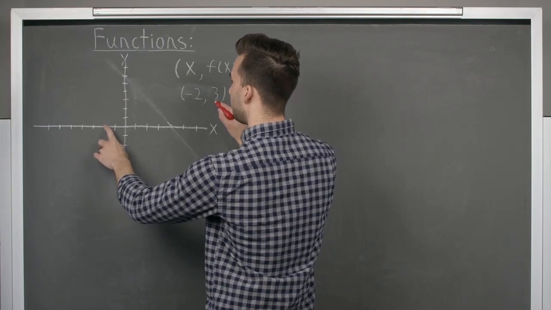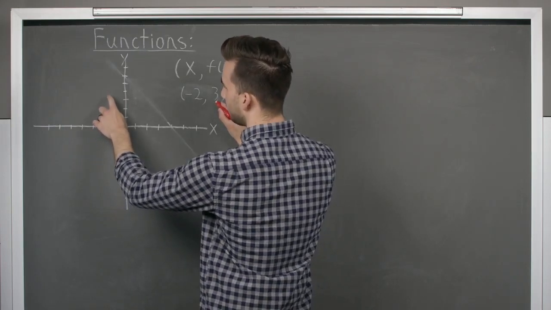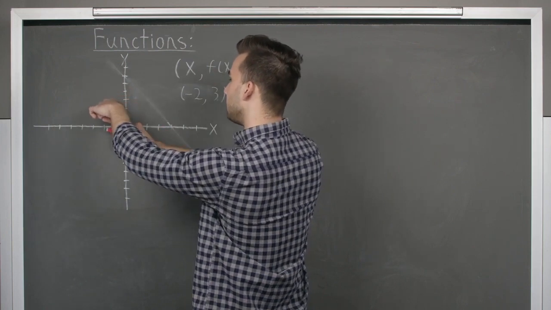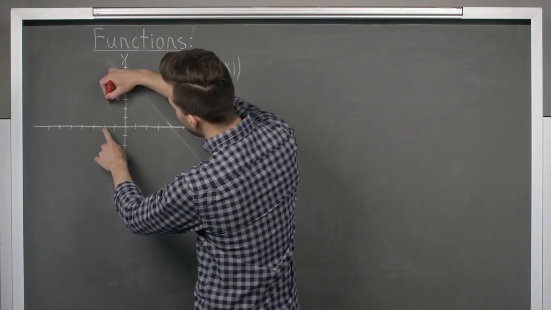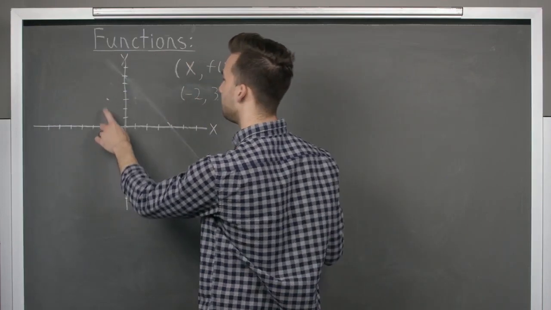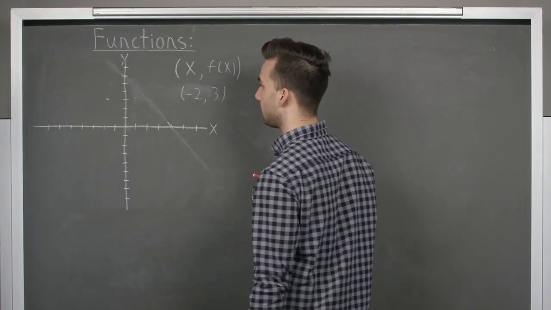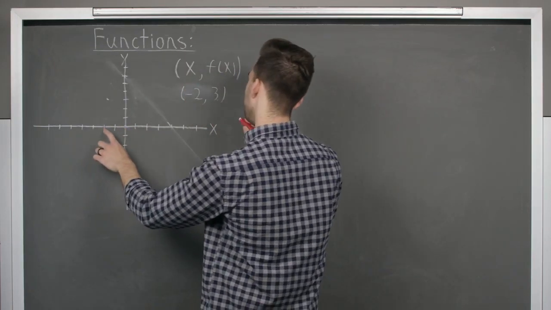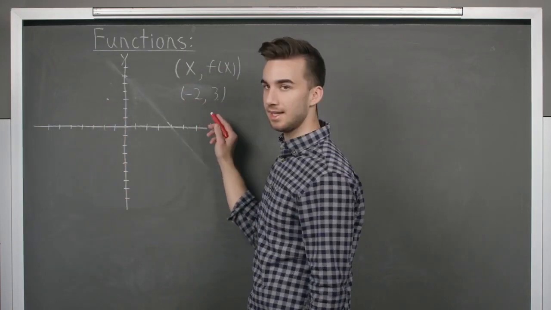So here we have 1, 2, 3. Notice how I'm staying on x is -2. So I'm staying there. It's similar to the ships game, if you've ever played the ships board game. But we did -2, +3. So that is our point.